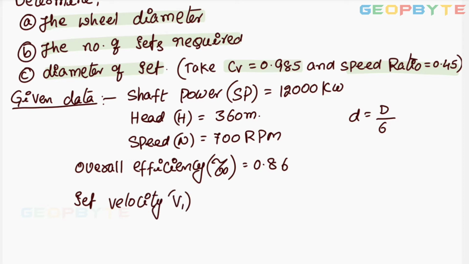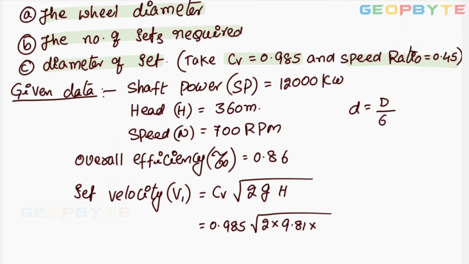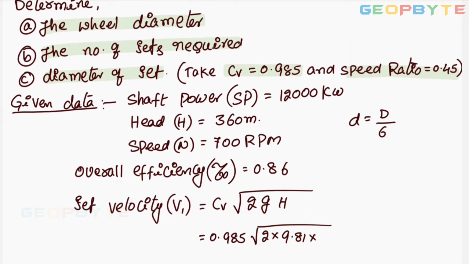Jet velocity V1 equal to Cv into root 2gH. Coefficient of velocity 0.985 into root of 2 into g, 9.81, into H. Head available is 360 meters.